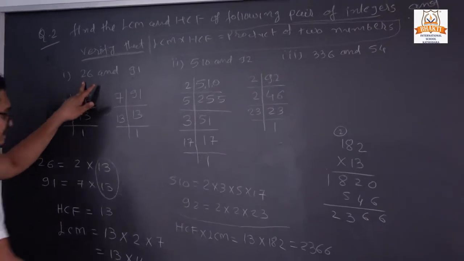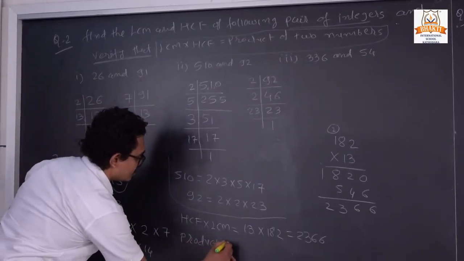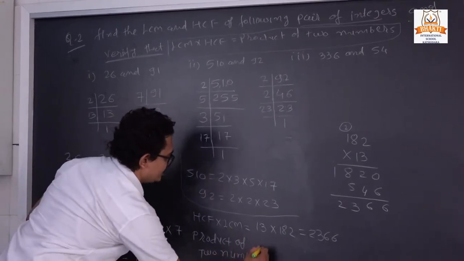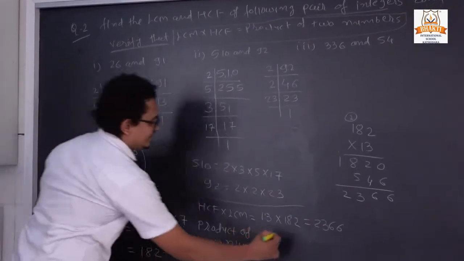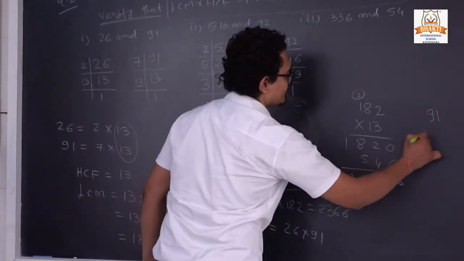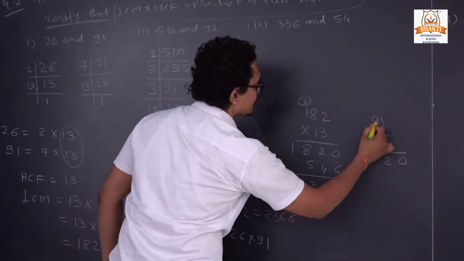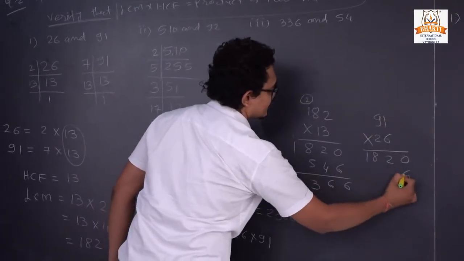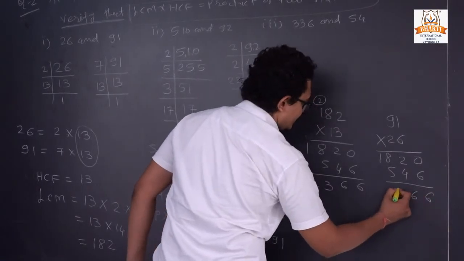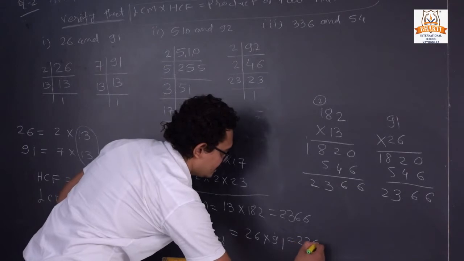So which two numbers do we have? Product of two numbers is equal to 26 into 91. So once again we can perform the multiplication with 26. That's 2, 18, 6, 6 9s are 54. So 6, 6, then 13. So once again we have the same answer.